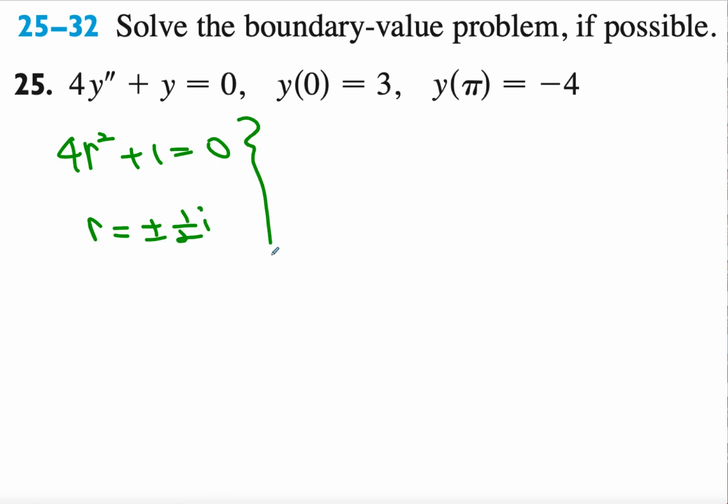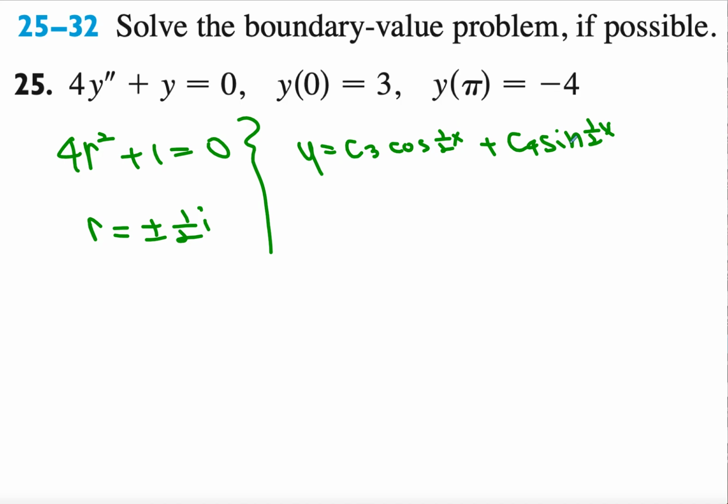Then what does that tell us? y equals c sub 3 e to the x over 2. Since it's a complex number, we're going to simplify that. We get c sub 3 cosine of 1 half x plus c sub 4 sine of 1 half x.